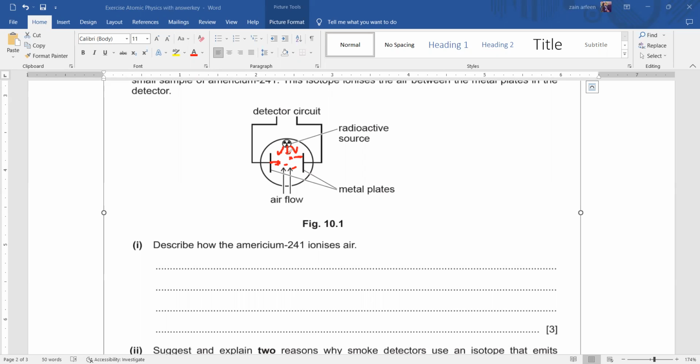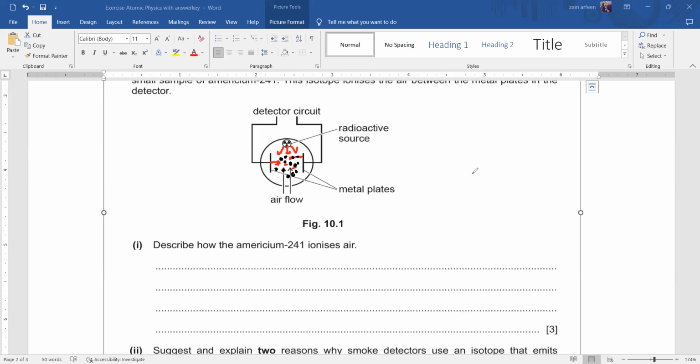But in case of a fire, there will be smoke particles. When these smoke particles are there, alpha cannot pass through them, so it cannot cause ionization. As it does not cause ionization, the detector circuit will record no signal, so the alarm will work.